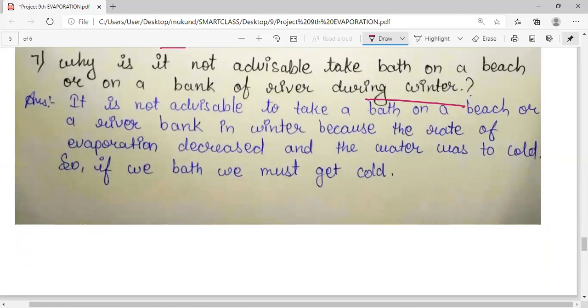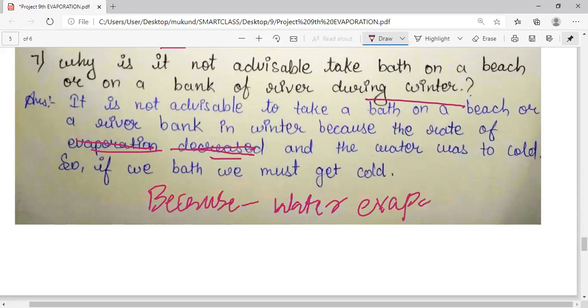My dear students, it is not advisable to take a bath on a beach or a river bank in winter because of the rate of evaporation. The water evaporates from our body.